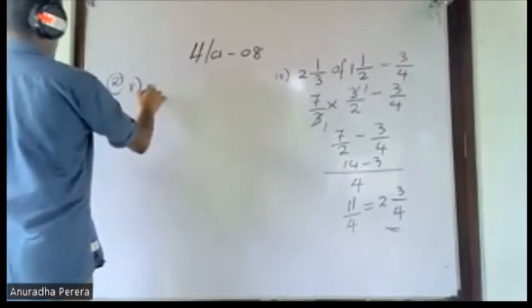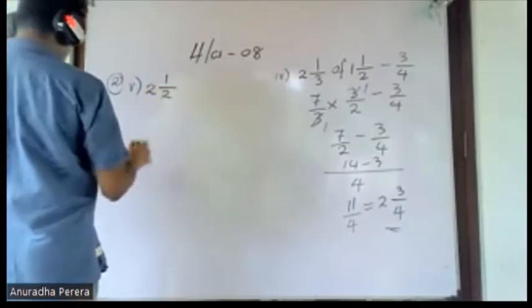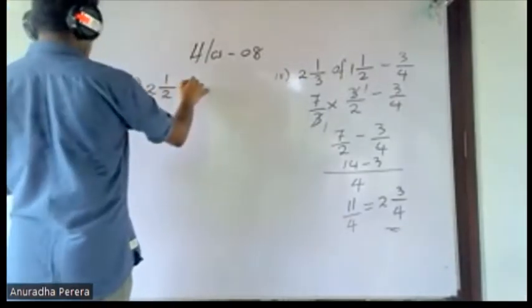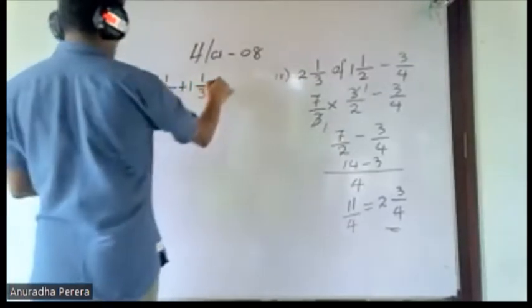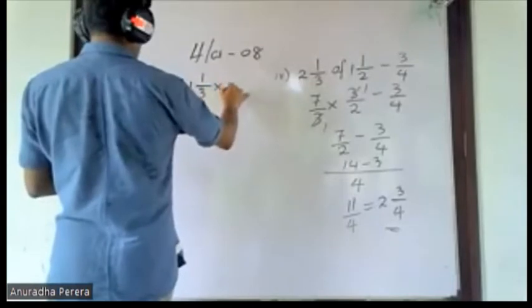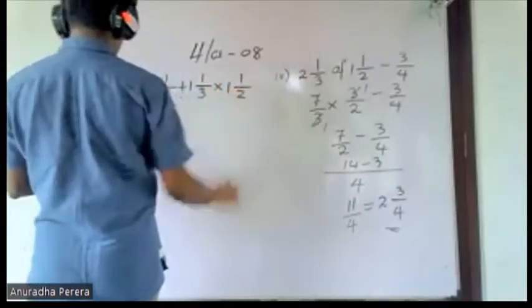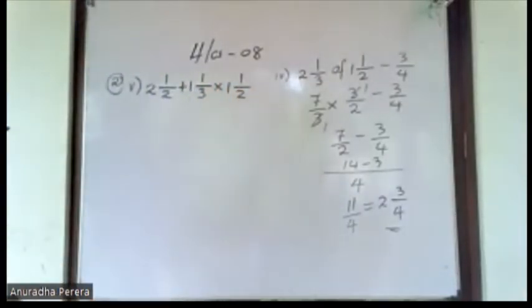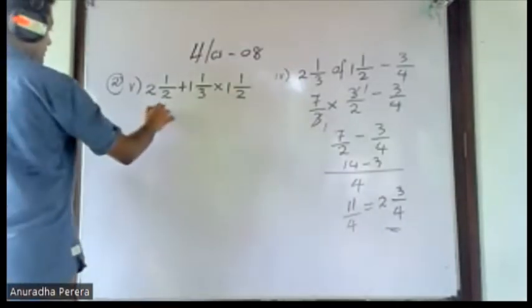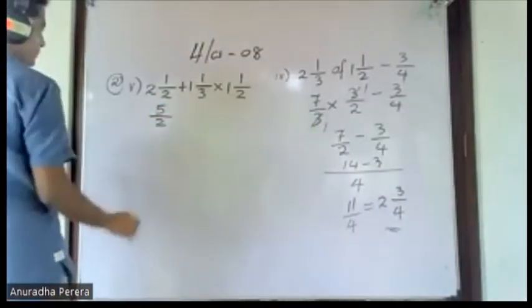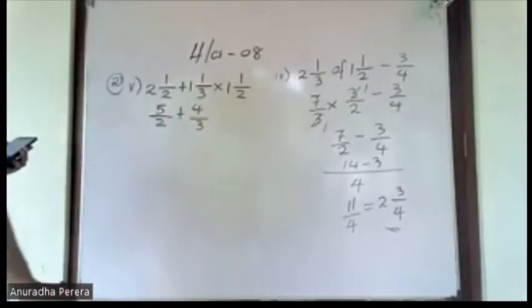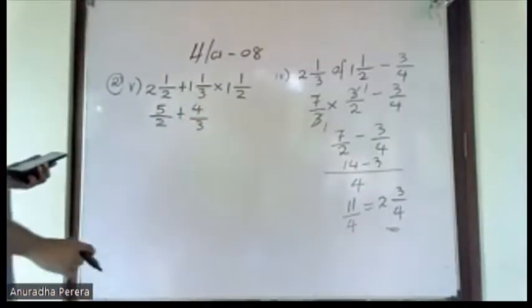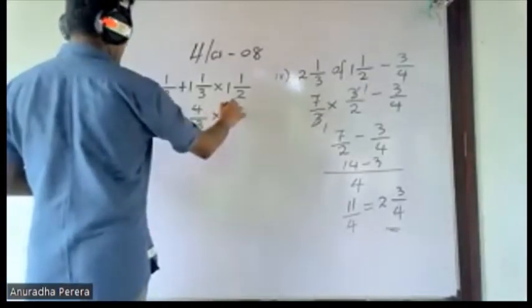Two 1/2 divided by 1/3 into 1.5. 5/2. 4/3. 3/2.